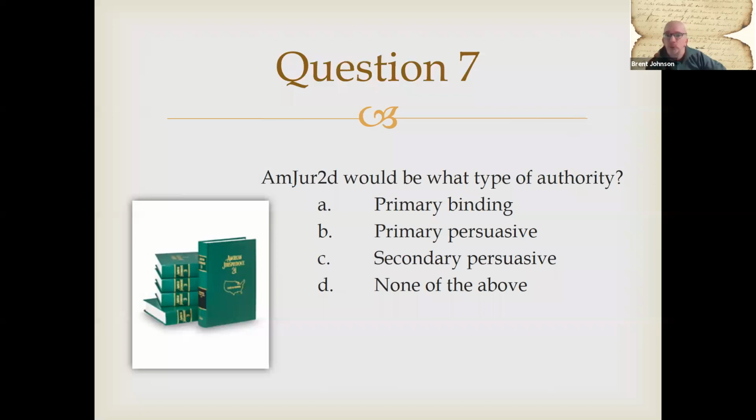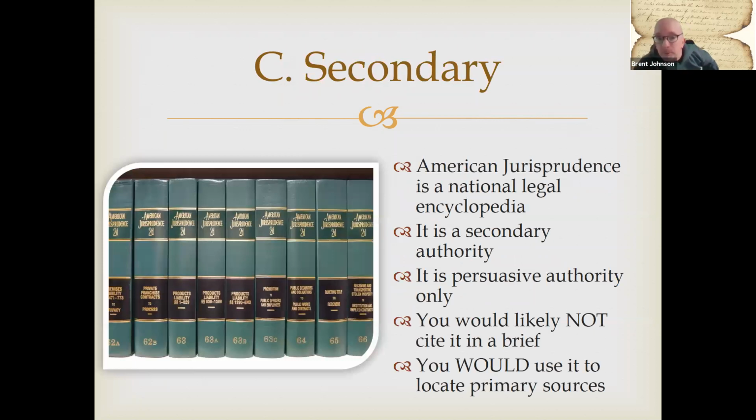So it's a secondary source, right? So it would only be persuasive. If you cite it to AmJur in your document, you're a moron. Now, you're using the AmJur second to get you to a statute or a case that's on point, but you would never cite AmJur second. And yeah, it's only persuasive. You'd likely not cite it in a brief, but you would use it to point the way.